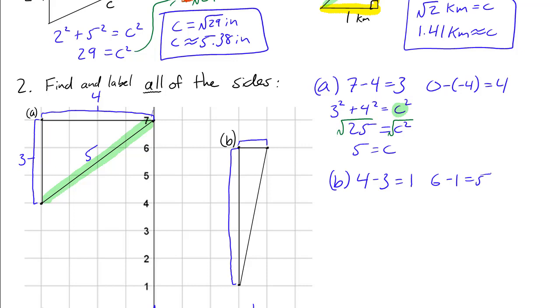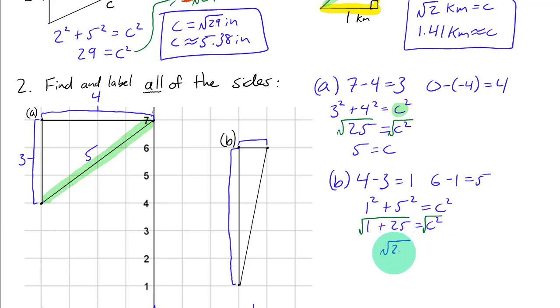And then when you use the Pythagorean theorem, we're going to do 1 squared plus 5 squared. Those are the two legs to get the hypotenuse, the other side, which is going to be just a little bit longer than 5, it looks like. Should be equal to c squared. So 1 squared is 1, 5 squared is 25. If you just do the square root of both sides of that, you're going to get the square root of 26.